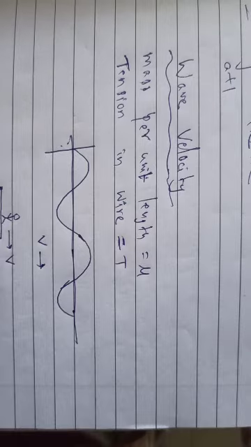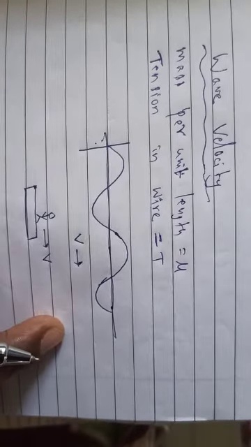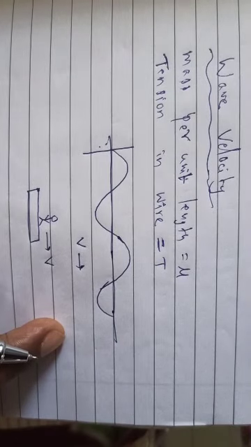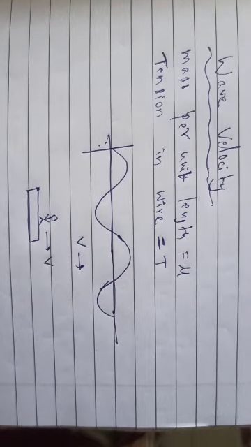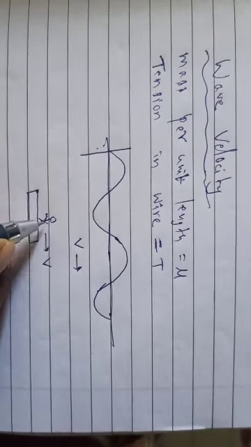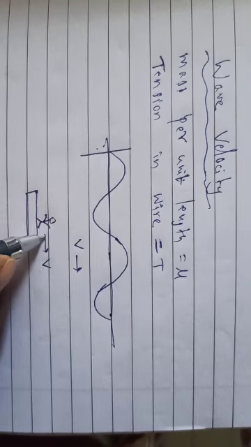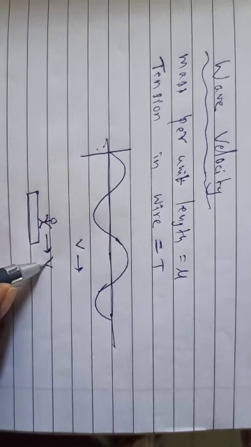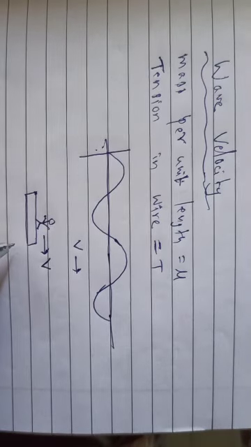Just like when you are moving on a train, you see the objects moving in the backward direction. If another train is moving with the same speed as you, in that case the other train will seem to be at rest.